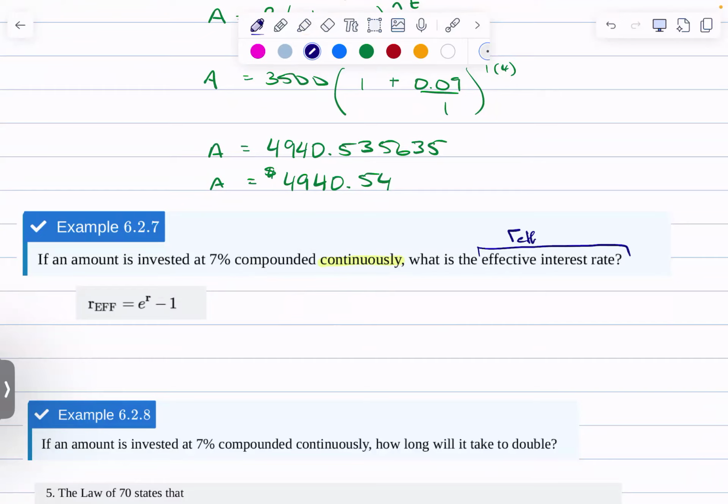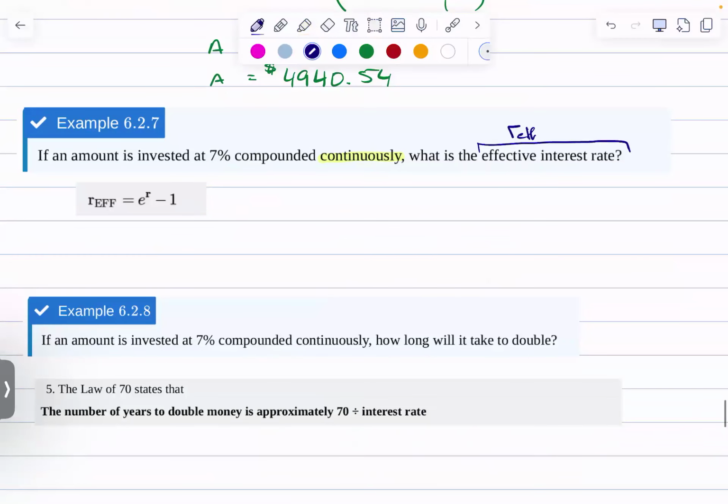I want to find the effective interest rate, and r is 0.07, which is the only component that we need. So the effective interest rate is e to the 0.07 and then minus 1. We just found that e button.